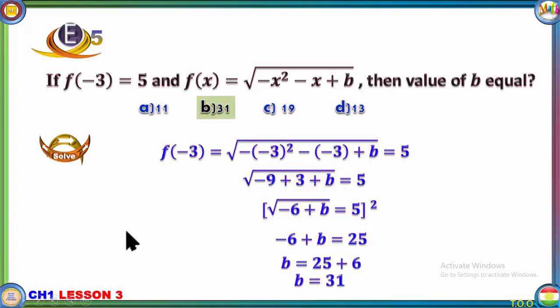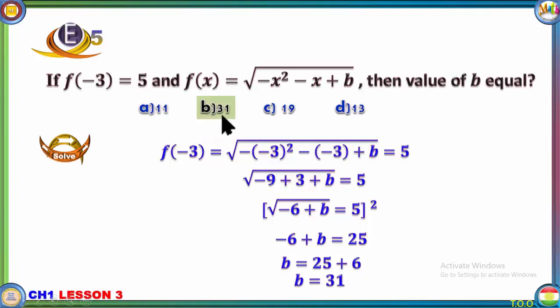You have another way to solve this by replacing the value of b in the function and finding f of minus 3. If the result is 5, then it is a correct answer.